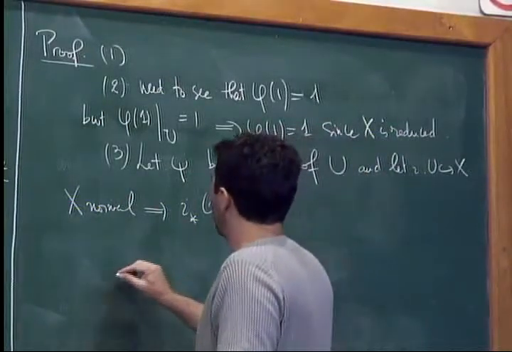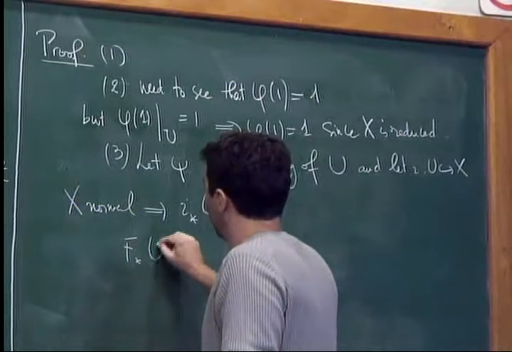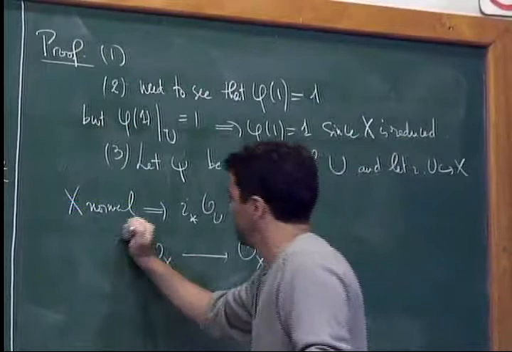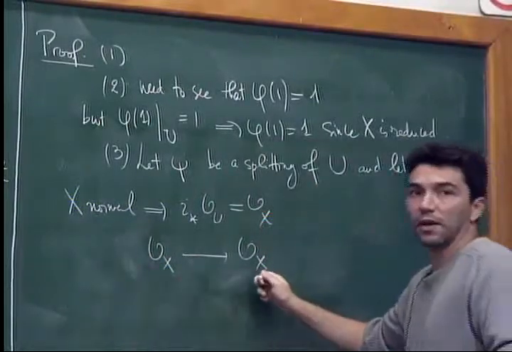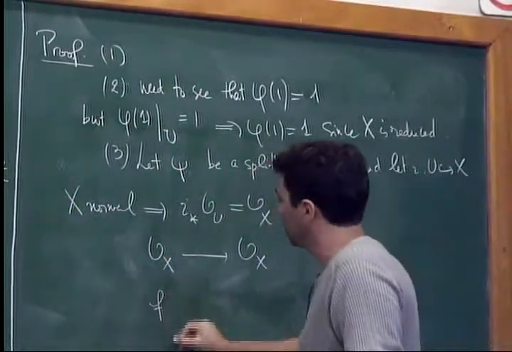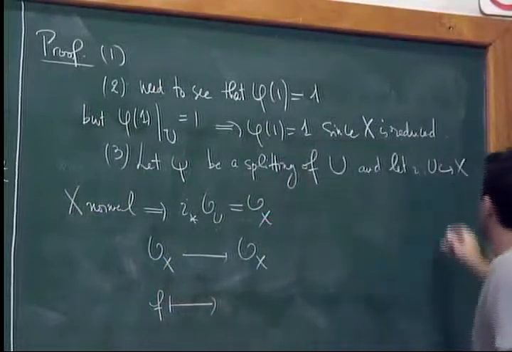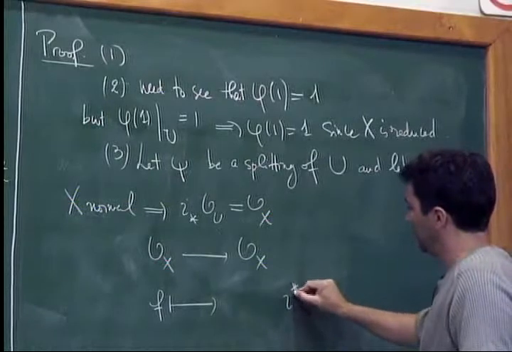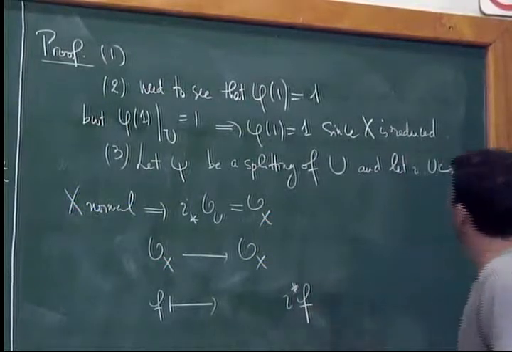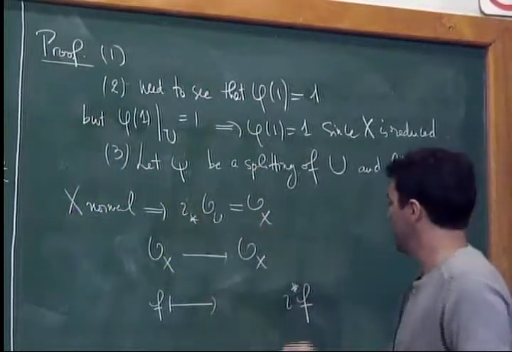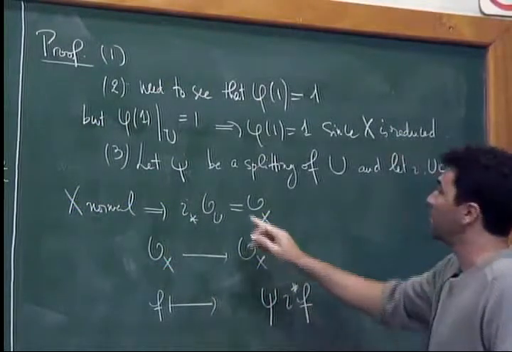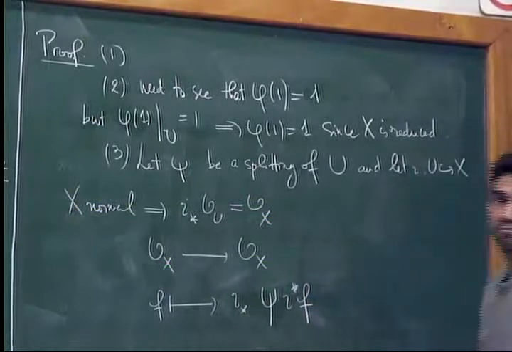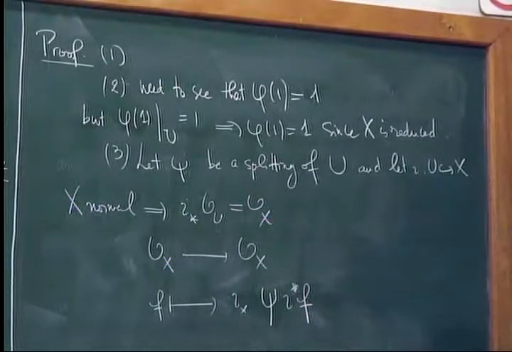So you can define using psi a splitting of X. So you want to define at least an additive map from OX to OX. So you start with a local function, you restrict to U, you apply psi, you get a function on U, and you extend to X. This is well defined.